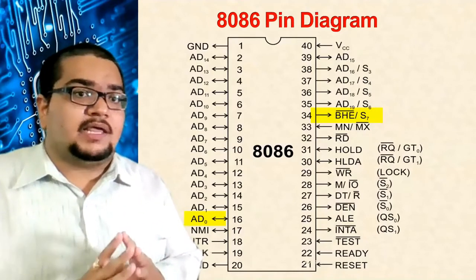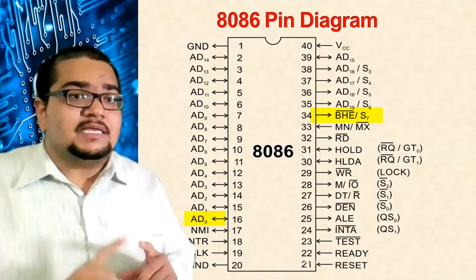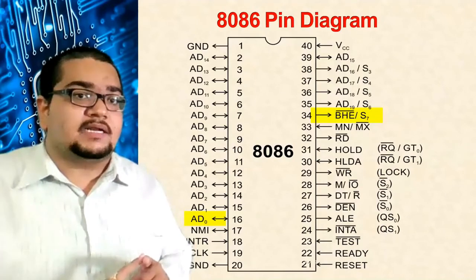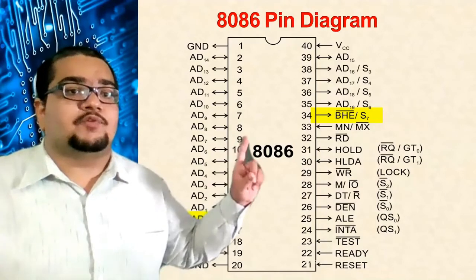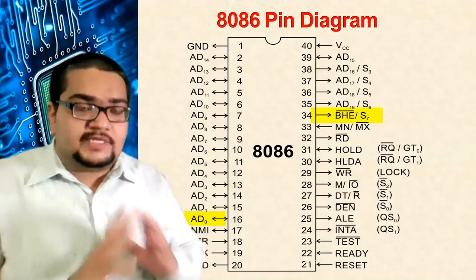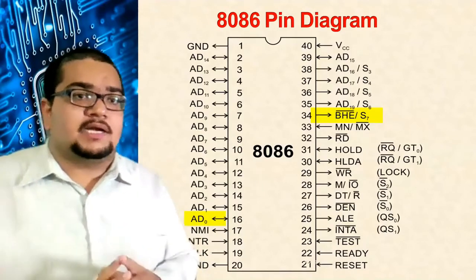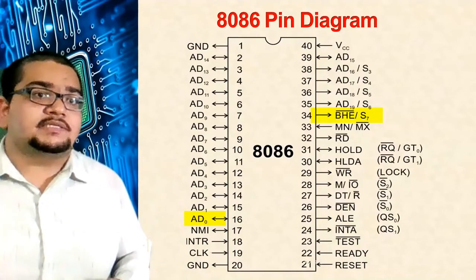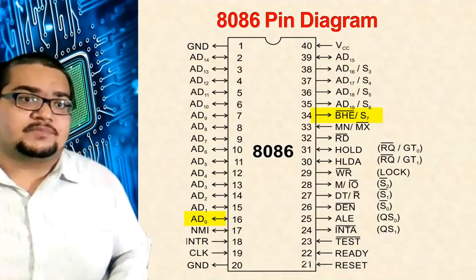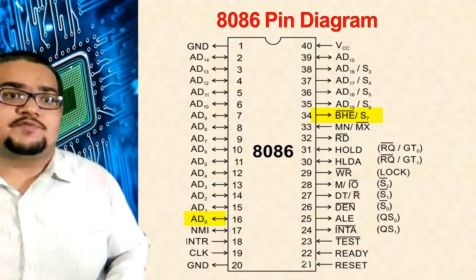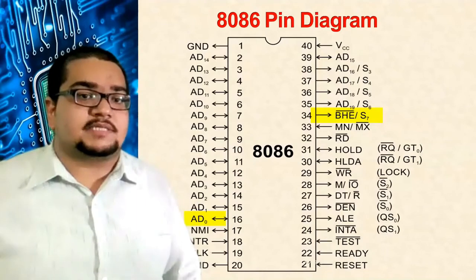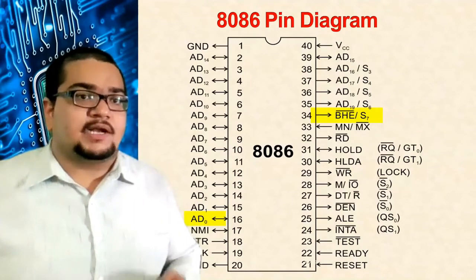And the last thing is A0, line number 16 here, and line number 34, that is BHE bar. So these things you have to understand for now, and they will be useful for understanding our physical memory organization. How we can use the physical memory, or how we do the physical memory organization in the 8086 system, we will check now.